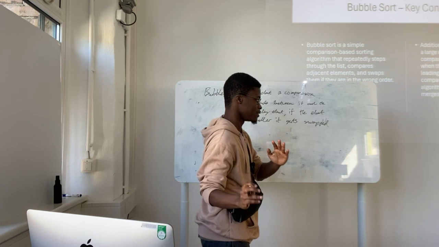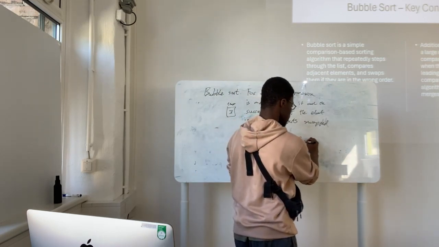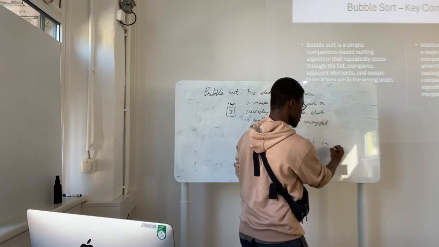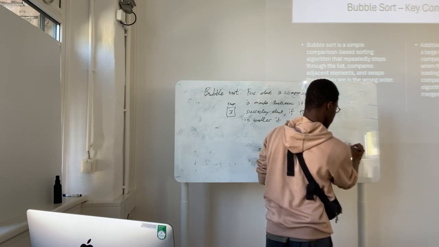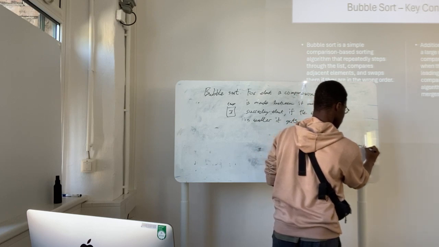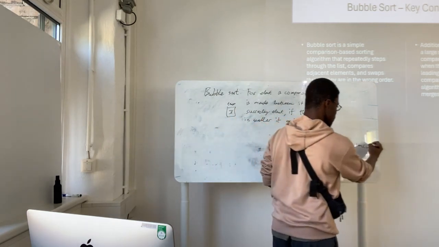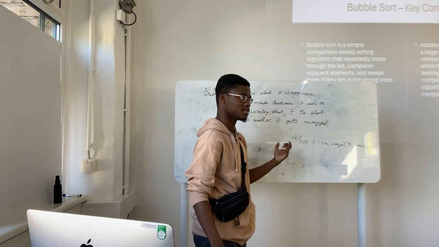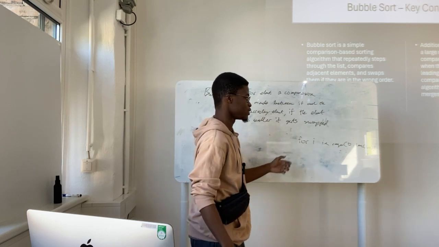For when we actually implement this, the way you would set it up is you'd have a for loop, and this for loop is going to be for i in the range of 0 until the length of whatever list you're using, right? So say our list was 9. So you're going to set it up in such a way that the loop is only going to go on until it reaches the length of the array, right? That's how you would stop it.